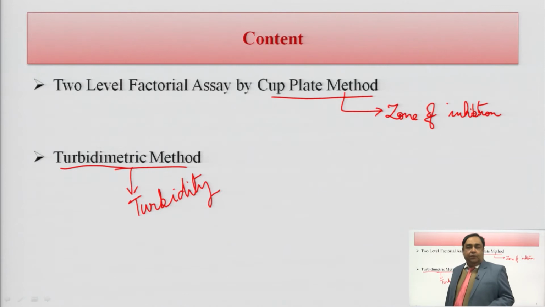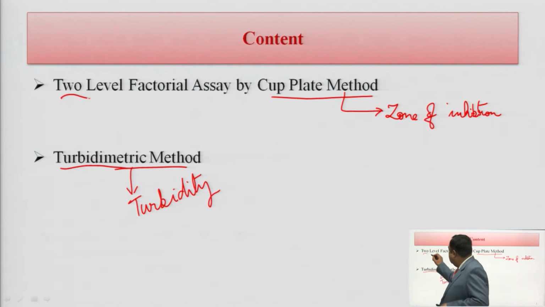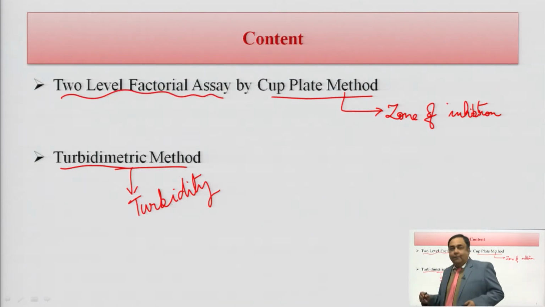Then, in the previous class, we discussed in detail the one level factorial assay. In today's class, we will be continuing with what we call the two level factorial assay.